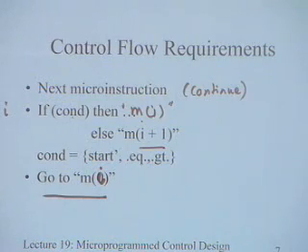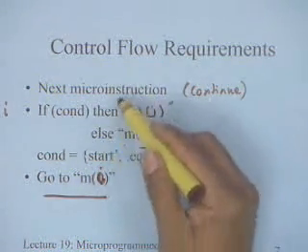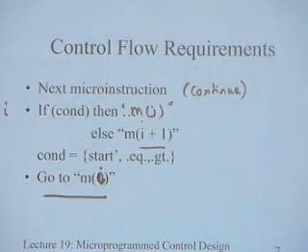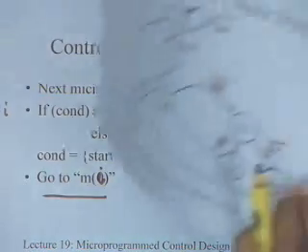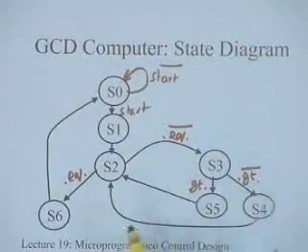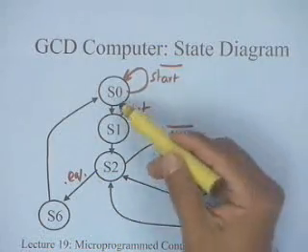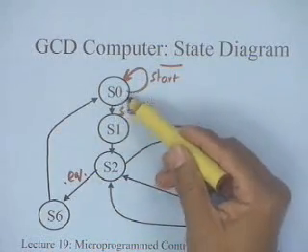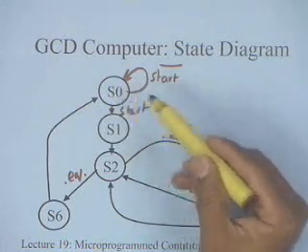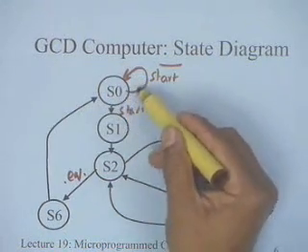Let me look at my state diagram and identify where I need these control flow requirements. Where do they originate from? I am looking for the start bar.